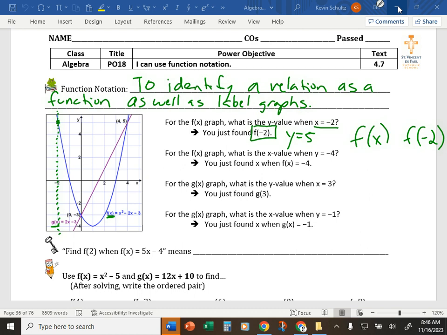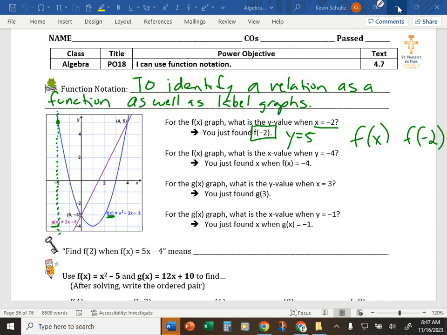G of x is the straight line, and f of x is the U. For telling which graph is which, it would be the closest one to the label. Yes, you would not have any confusion thinking that the straight line is the f of x line, because the position of f of x is right next to the U and g of x is right next to the line. Okay? Anything else?